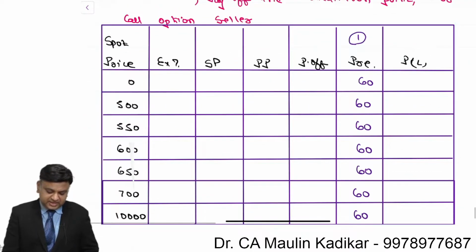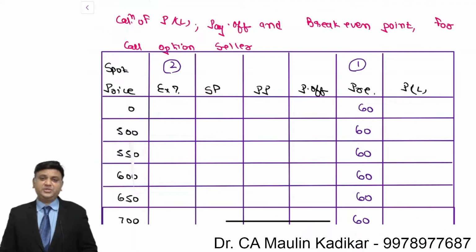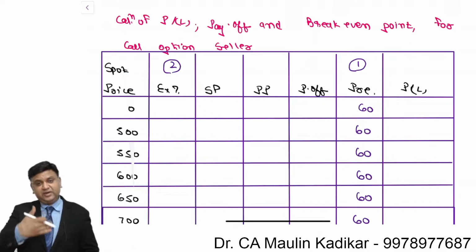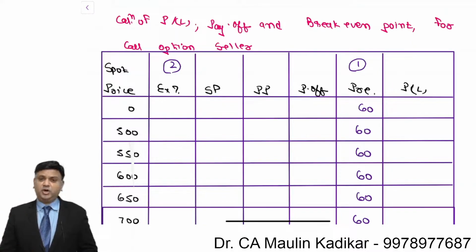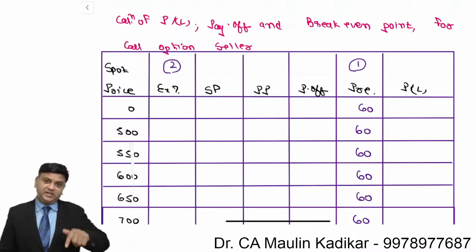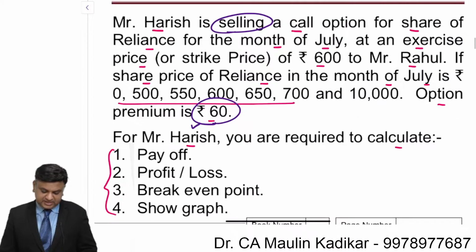Step number 2 is again exercisation. Remember that option seller does not have the right to exercise. However, option seller is aware of when option holder is going to exercise the right, because option holder is going to exercise the right whenever it is advantageous for him to do so. We have been provided with the information that the exercise price is 600.